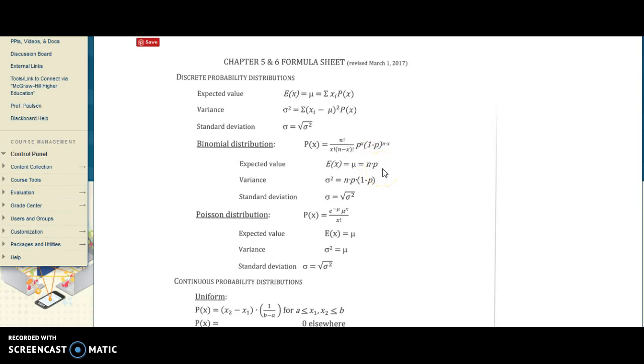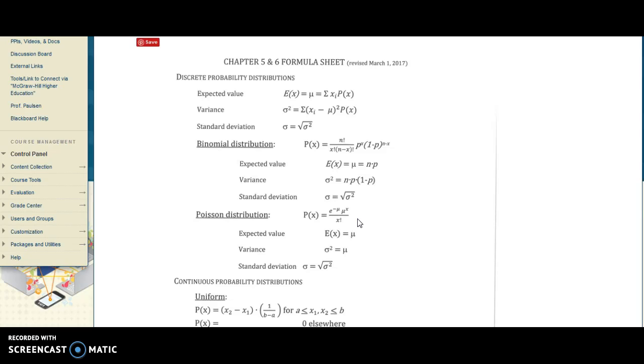The expected value or mean for a binomial problem is provided there, and the variance and standard deviation, which again is just the square root of the variance. The next section under discrete probability distributions is the Poisson. This is covered in your book on pages 173 to 178.